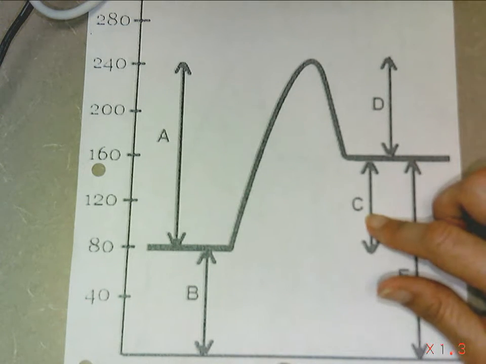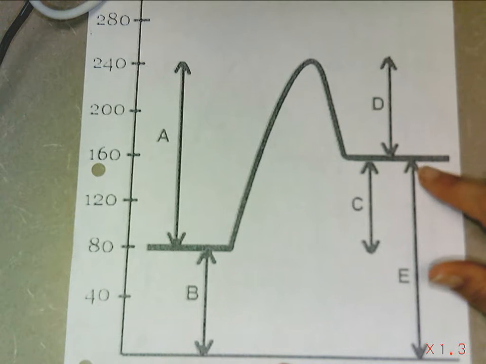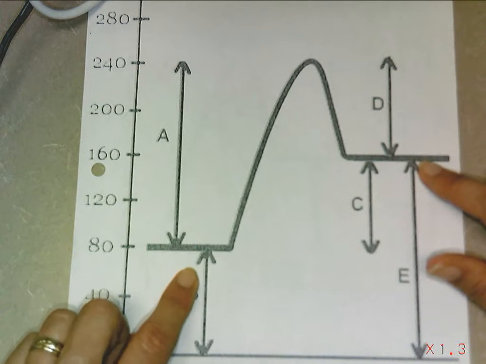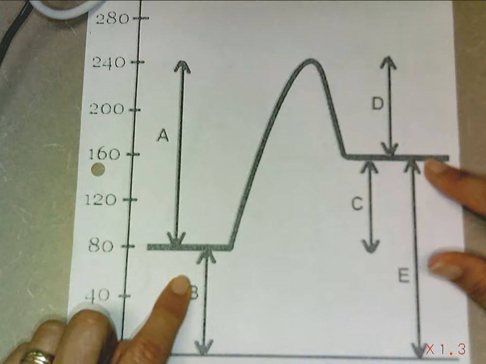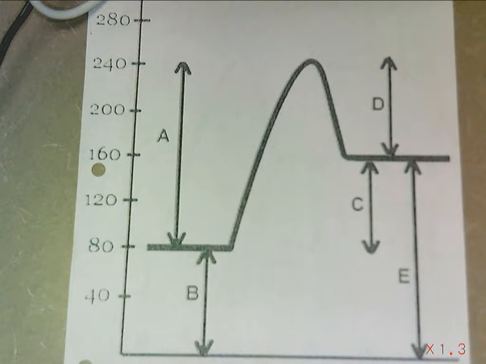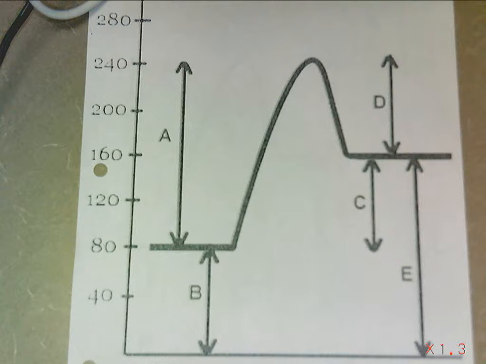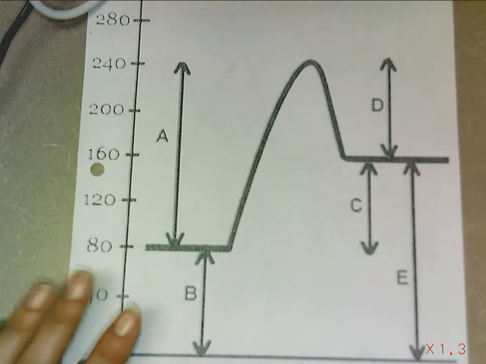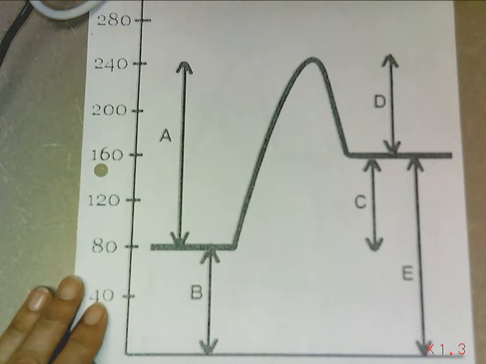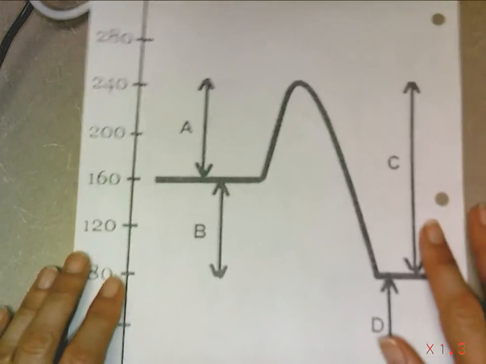So you could get C by taking E products minus reactants. 160 minus 80 is 80. Is there anything about this one that you have a question about? Did you say that B was 80? Yes. Anything else? All right, turn it over.